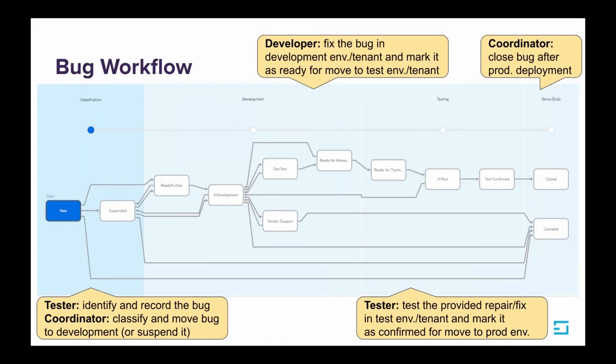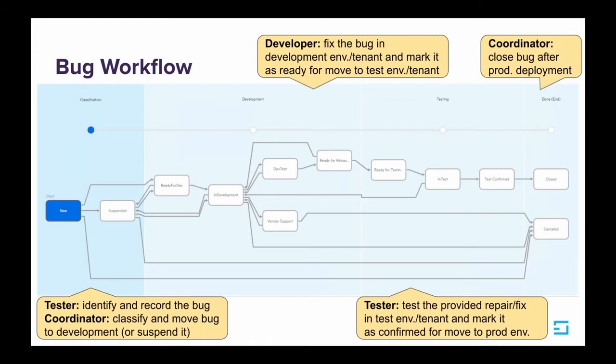So when an internal tester identifies the bug and records it to SMAX in relation to the SMAX application and the project, it comes to me as coordinator. I classify it and say, okay, this is something relevant to this functional release or upgrade, and move it to the development metaphase, to the queue for the developer.